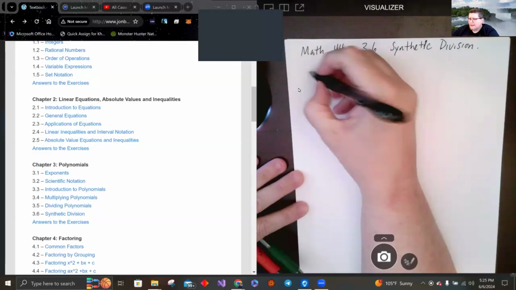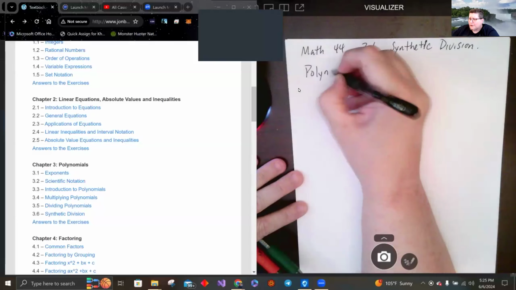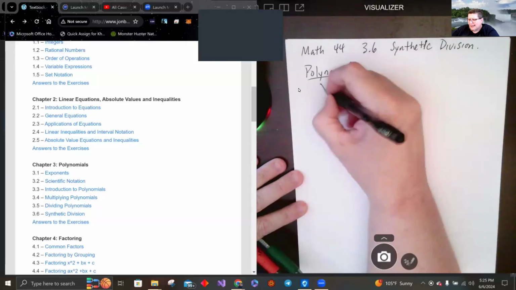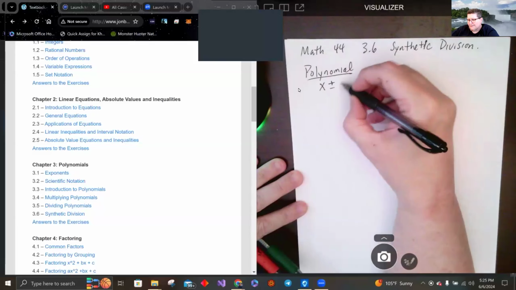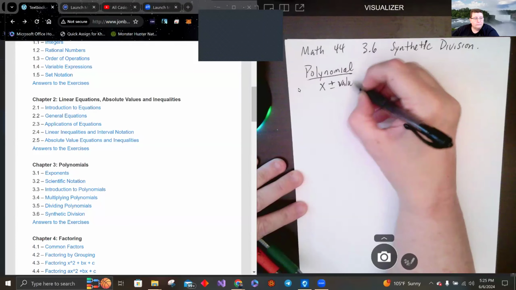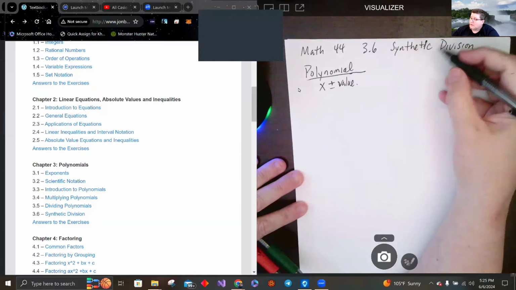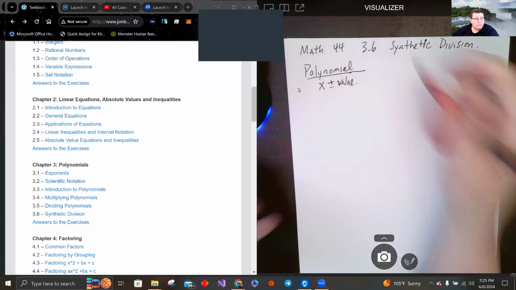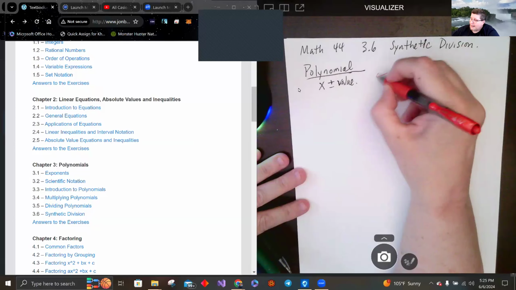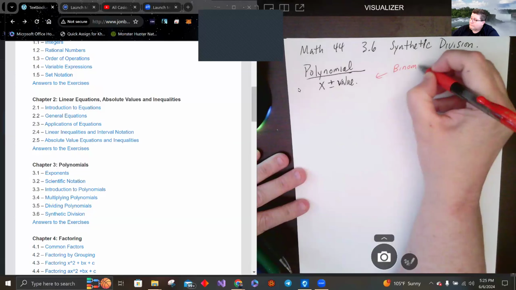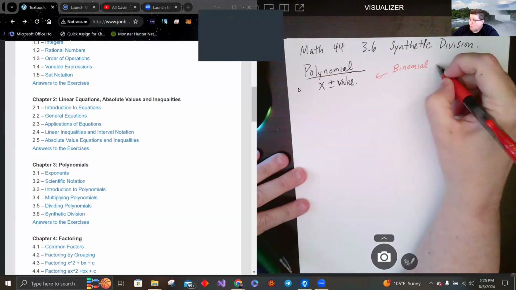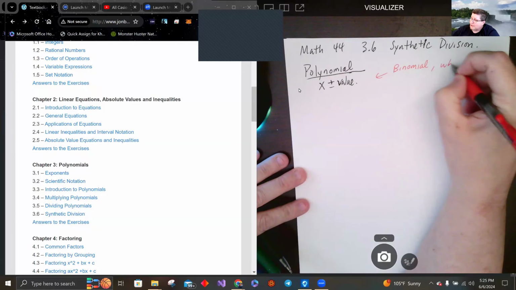So this is usable when we have a polynomial divided by x plus or minus some value. Okay. So this needs to be a binomial on bottom where the coefficient on x is 1.